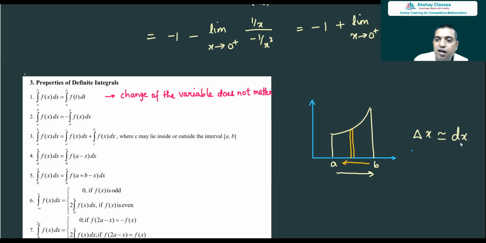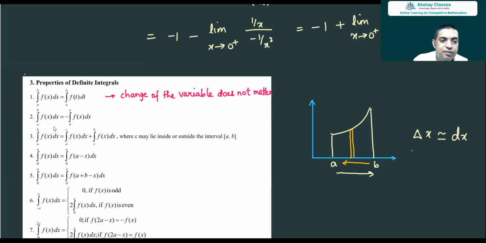So the function times dx will be a negative value. So when we move from a to b or from b to a to find area, the value of the integral changes by a minus sign.